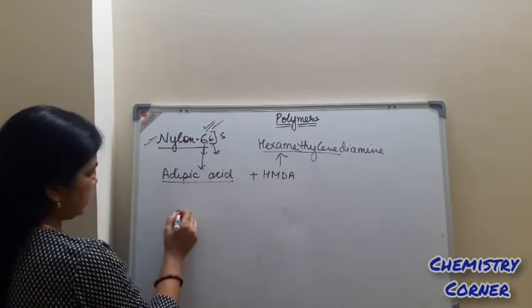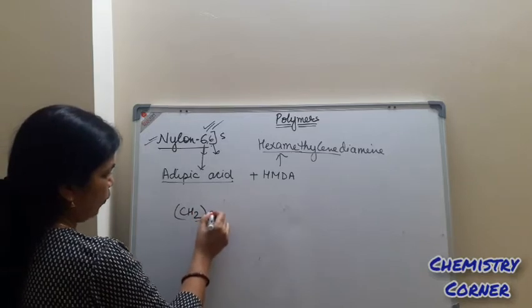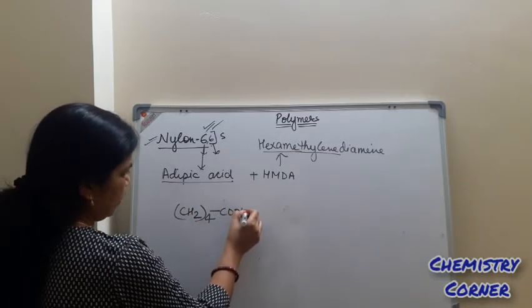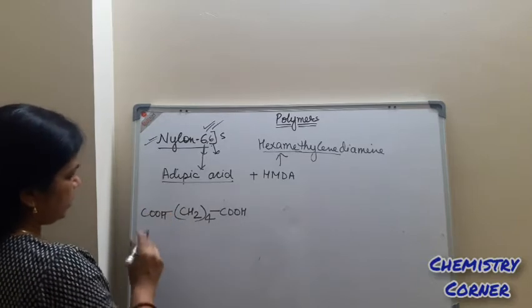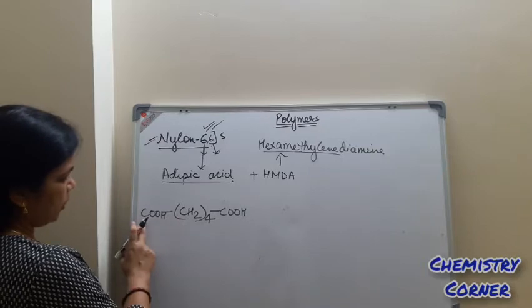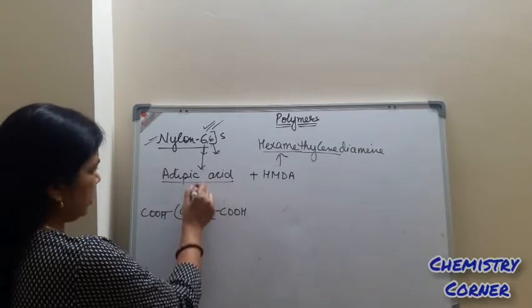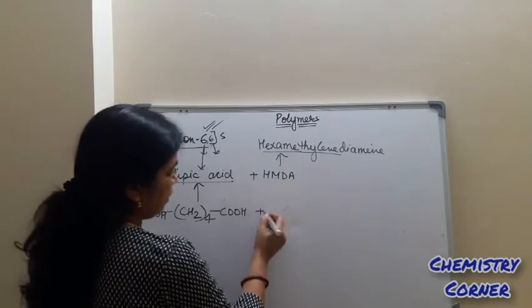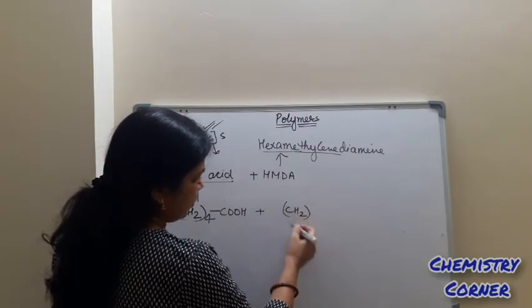So let's understand the formula. Adipic acid is HOOC-(CH2)4-COOH. See, just count number of carbon participating in this. 4 plus 1 plus 1. So total 6 are there. It is called as adipic acid. Hexamethylene diamine, let's write 6 carbon chain.